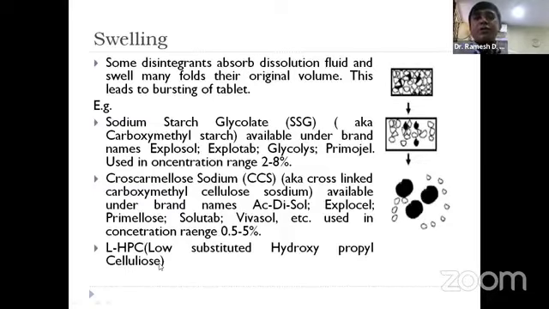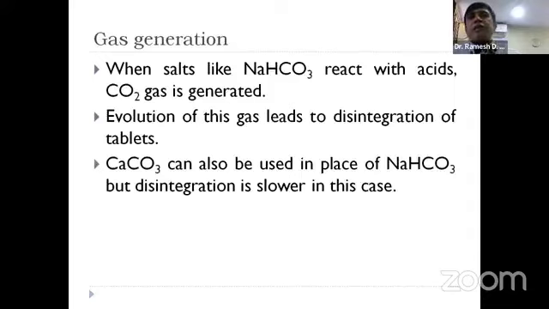Next is LHPC, low substituted hydroxypropyl cellulose. It's a cellulose derivative, and that can also act as a disintegrant, a super disintegrant. Next mechanism is gas generation. There are some agents like sodium bicarbonate or calcium carbonate. They generate gas when they react with acids.